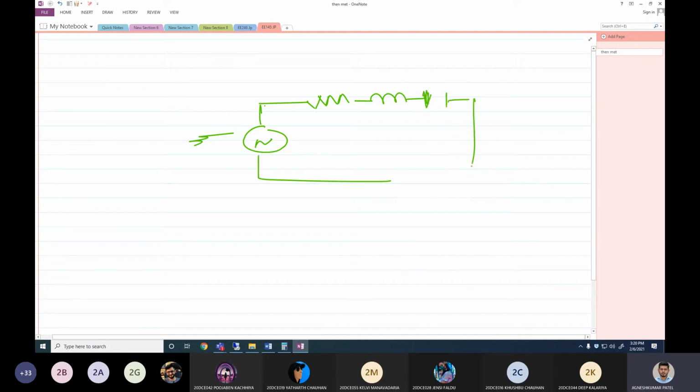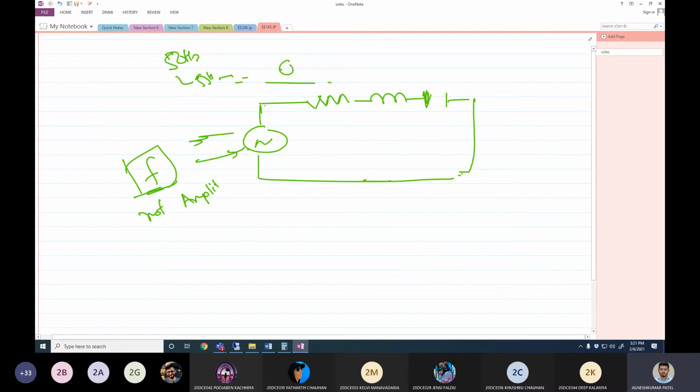When you continuously change your frequency from here, I am talking about frequency and not amplitude. Keep that in mind, what I am going to change is the frequency. If it is 50 hertz, I'll change it to 55 hertz, or 60 hertz, and so on and so forth. I'll move from 0 up to some point. That would be a change in frequency.